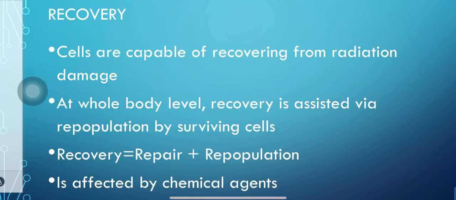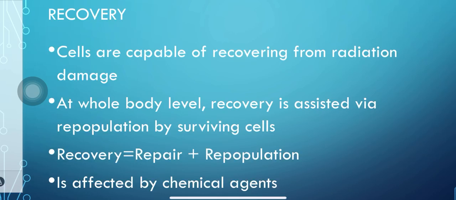Recovery. Cells are capable of recovering from radiation damage. At whole body level, recovery is assisted via repopulation by surviving cells. Recovery consists of repair and repopulation. So repair of the damaged cells and repopulation by the surviving cells which divide cause the tissues to recover.